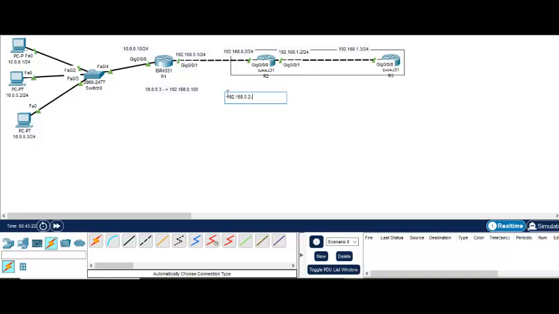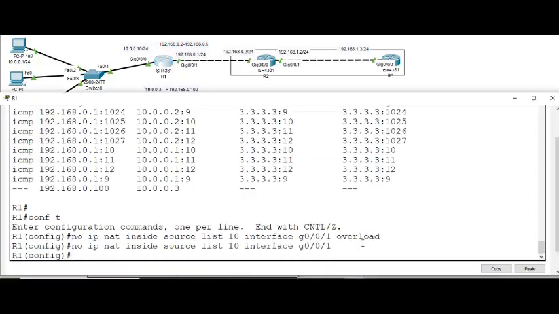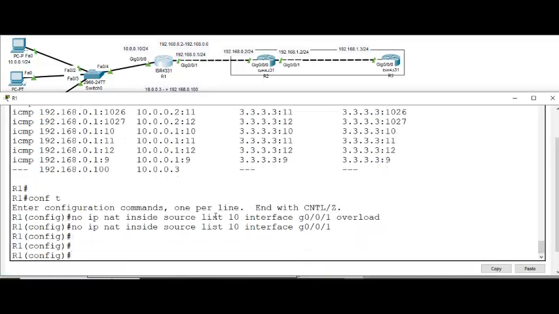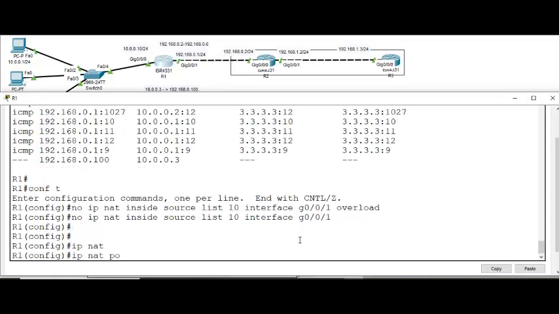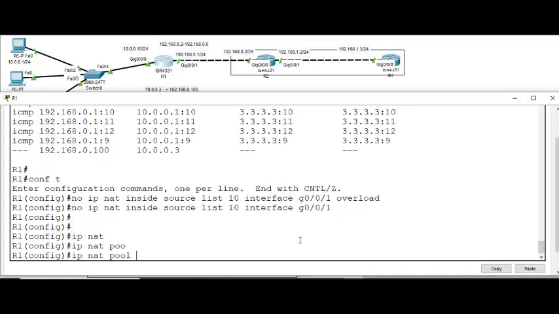Give a name, NAT-address. What is the starting address? 192.168.0.2. What is the ending address? 192.168.0.6. And then the netmask: 255.255.255.0. You got it.